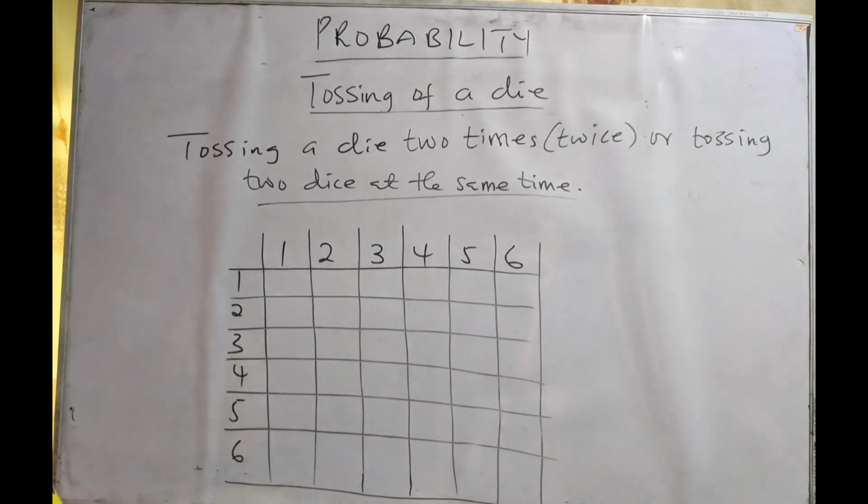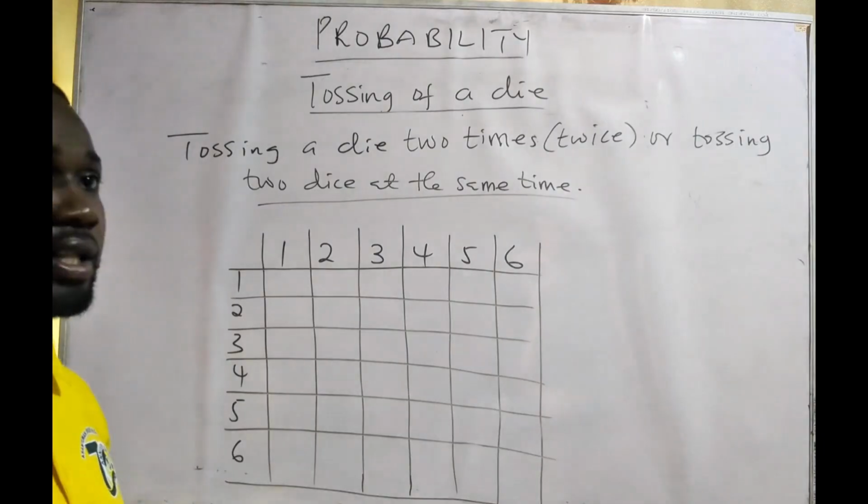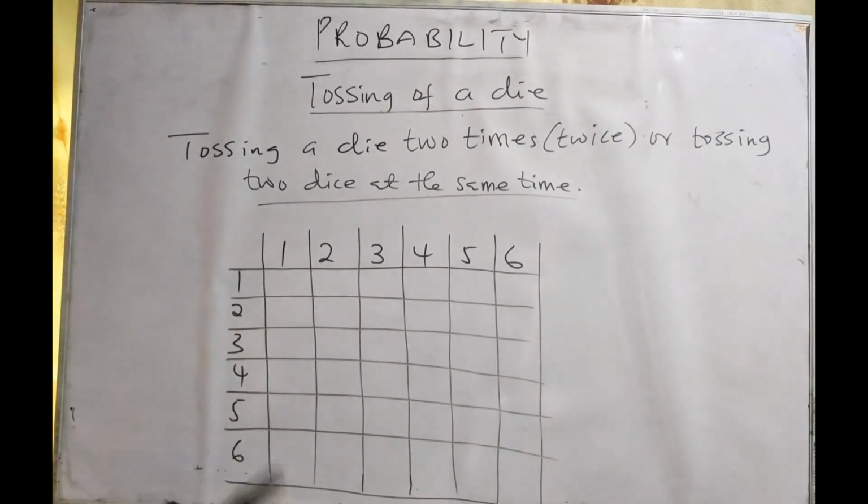When I toss 2 dice at the same time, or when I toss 1 die 2 times, what are the possible outcomes?